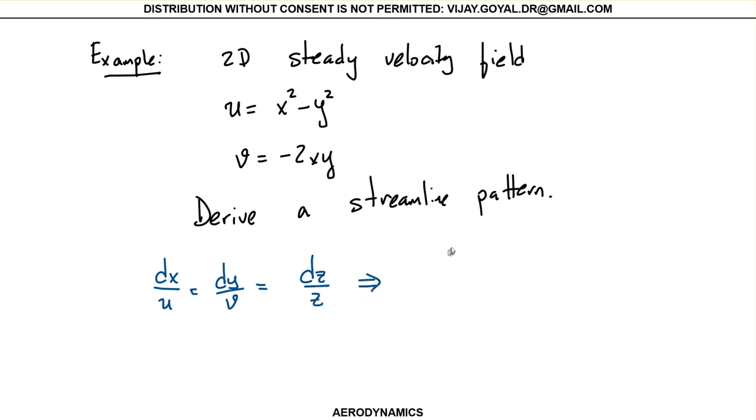So from here you find that this is dx over this quantity, x squared minus y squared, and that's equal to dy over this quantity, that's v, minus 2xy.